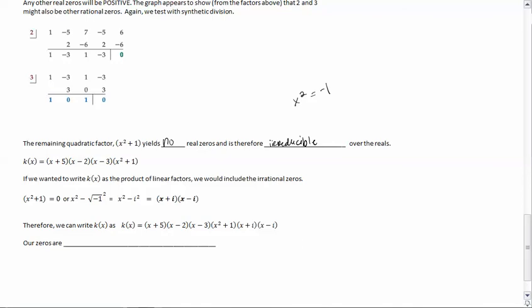So if you didn't want to write x plus 5 times x minus 2 times x minus 3 times x squared plus 1, you could change that x squared plus 1 to x plus i and x minus i. Therefore, we found all of our zeros. They're at negative 5, positive 2, positive 3, negative i, and positive i. Those are your zeros.